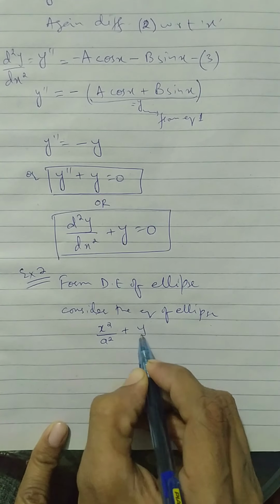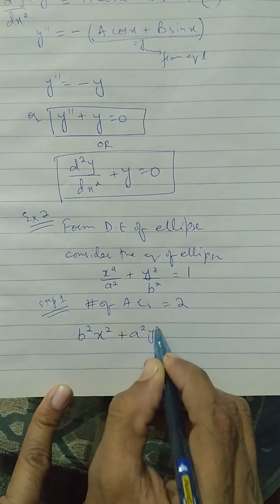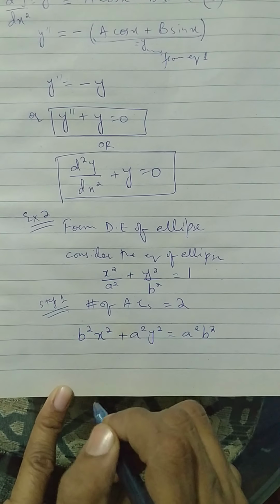Now we have to eliminate these two arbitrary constants after differentiating, which is step number 2 of the formation of the differential equation. The number of arbitrary constants is 2 here. This is step number 1. Step number 2 is that we have to differentiate the given equation two times. For simplification, if I take the LCM, we can reformulate this equation as b square x square plus a square y square equals a square into b square.